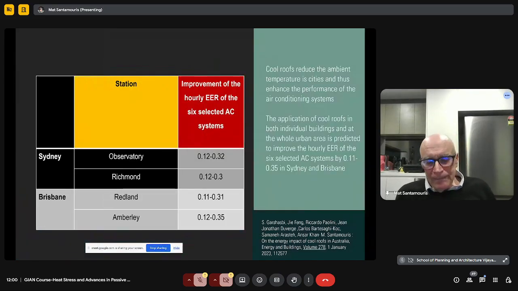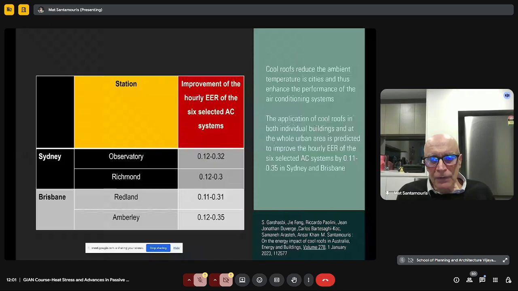But it's not just that. Because of the lower temperature in the atmosphere caused by the cool roofs, air conditioning is working under lower temperature operational conditions. And you may know that the performance of the air conditioning is a function of the temperature.